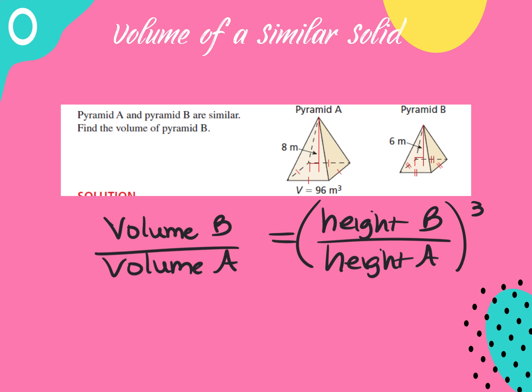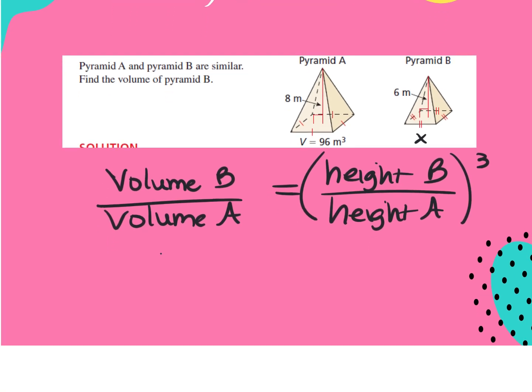So now what I need to do is fill in the numbers I have. I don't know the volume of B, so that's going to be my X. So I'm going to put X over 96. The height of B is 6. The height of A is 8. And then remember, this is going to be cubed. Now, since you're using calculators, you really don't need to simplify.